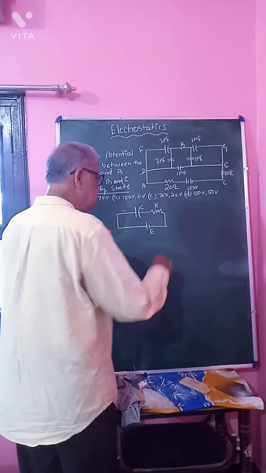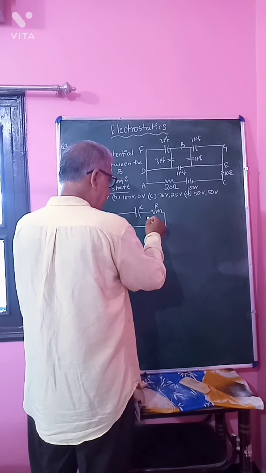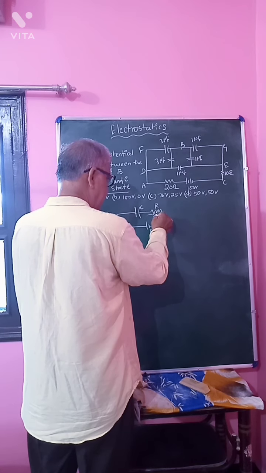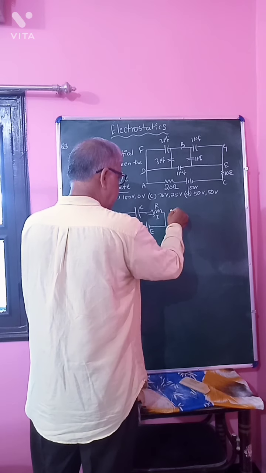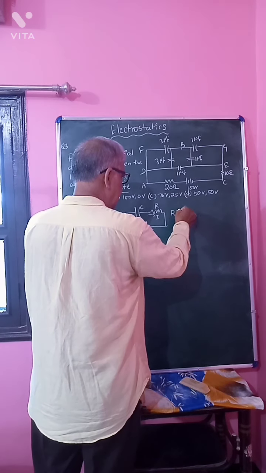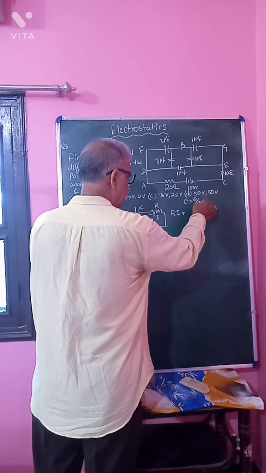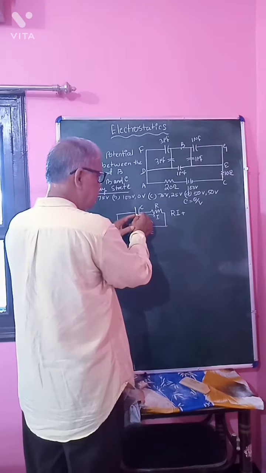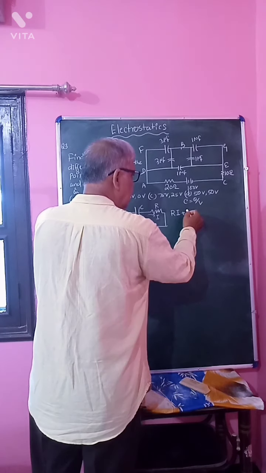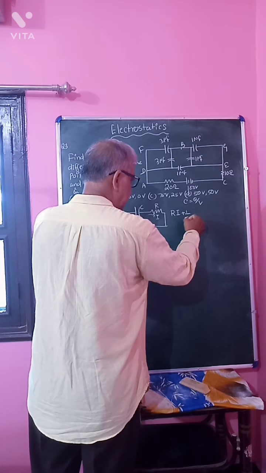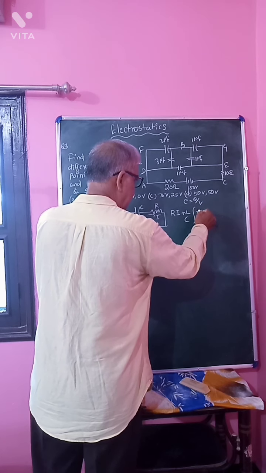Now, if I is the current at any instant, then the circuit equation is R I plus the potential across the plates of the capacitor, which is Q by C, where Q is the integral of I dt.